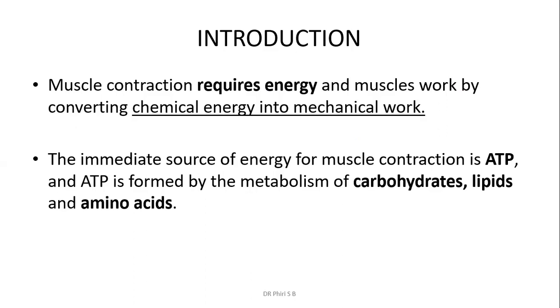But that requires energy. So the immediate source of energy for muscle contraction is adenosine triphosphate, ATP. So ATP is formed by metabolism of carbohydrates, lipids, and amino acids. And you know, in the electron transport chain, there is movement of electrons that is coupled with the production of ATP in the mitochondrion.